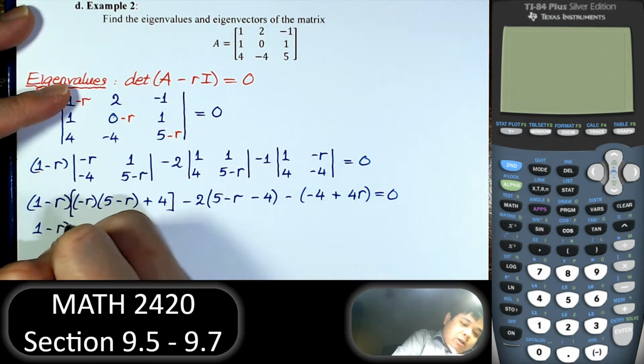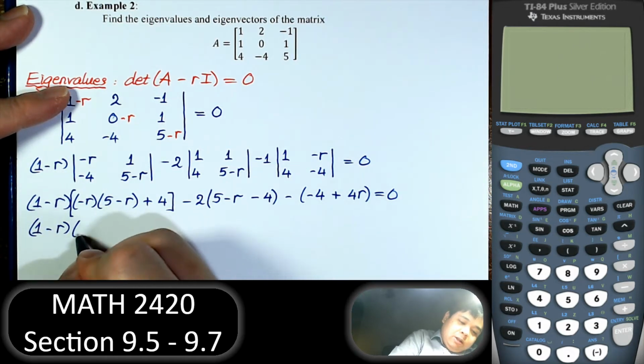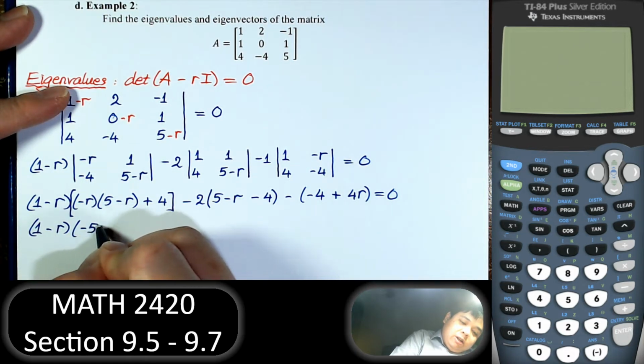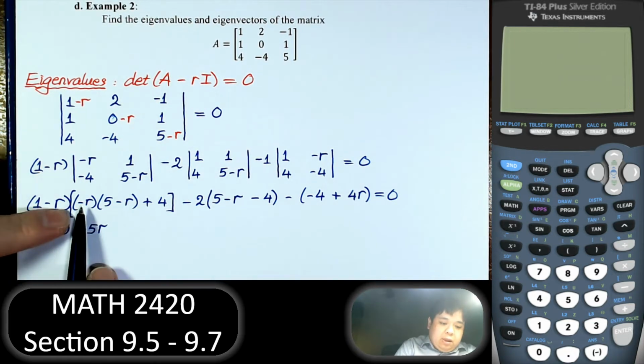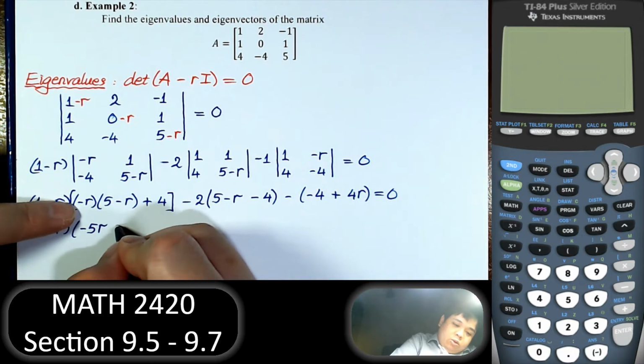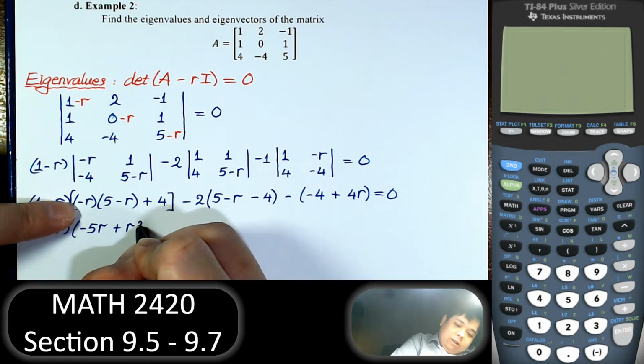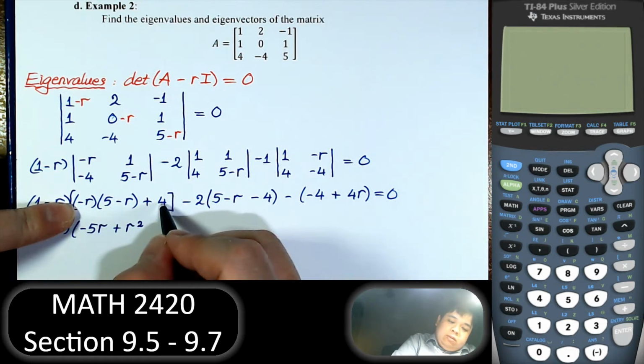Multiply it out. 1 minus r, minus 5r plus r squared plus 4.